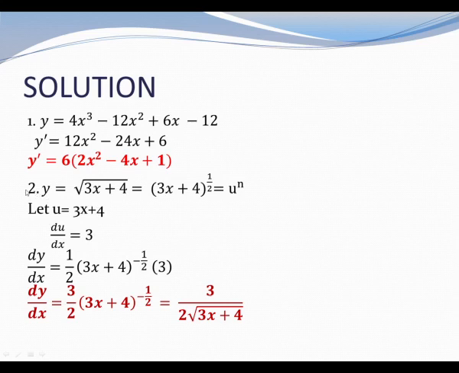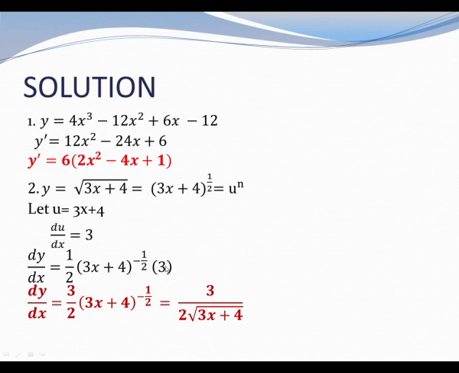And then the derivative of the function y with respect to x is now equal to, by power derivative, we bring down the exponent as 1/2, and then the quantity 3x plus 4 raised to 1/2 minus 1, which is negative 1/2, and then multiplied by the derivative of u, which is equal to 3.